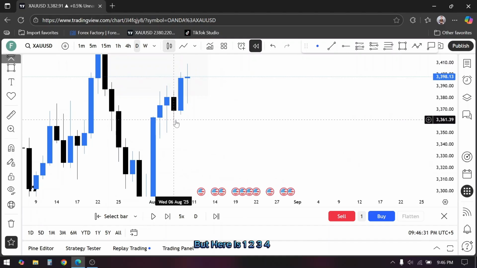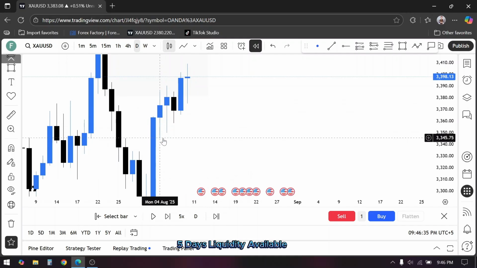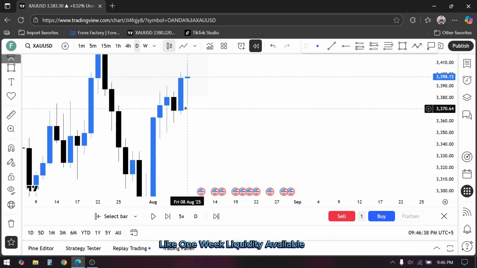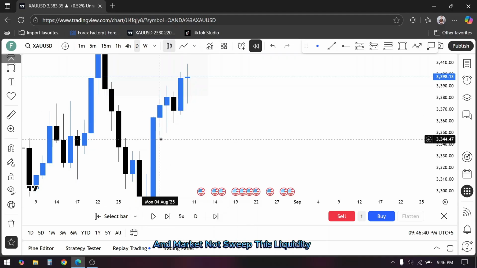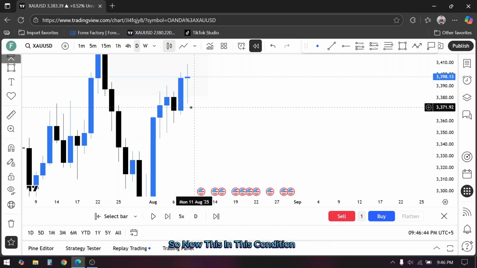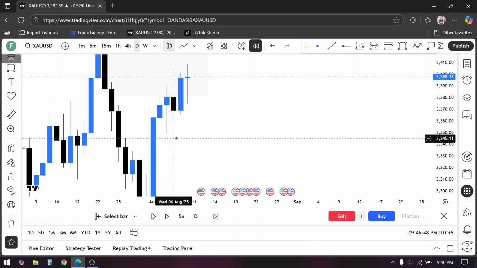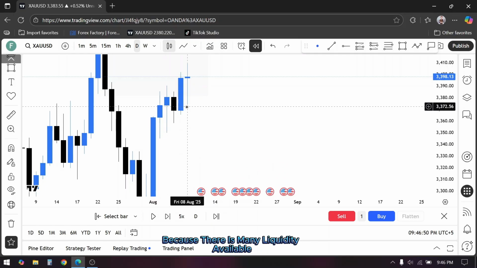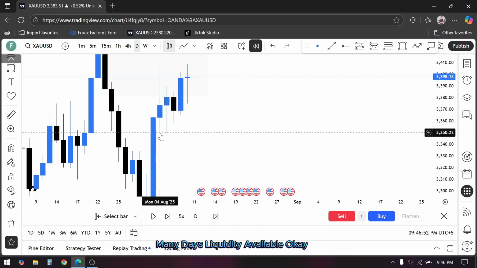But here is one, two, three, four, five: five days of liquidity available, like one week of liquidity, and the market has not swept this liquidity. In this condition, this is our liquidity pool, because many days of liquidity are available here.